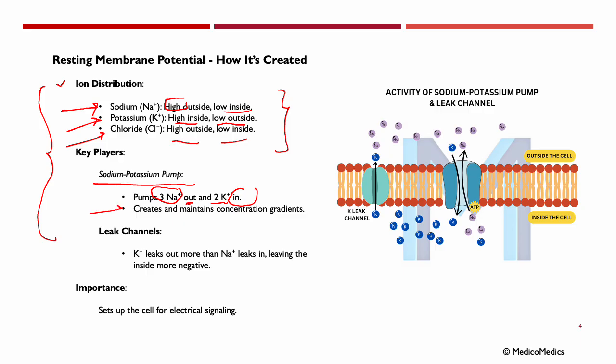This aids in creating and maintaining concentration gradients. But we have another player that's also involved, and that's these leak channels, especially potassium channels. These allow ions to move down their gradients. So potassium leaks out more than sodium leaks in, leaving the inside more negative.